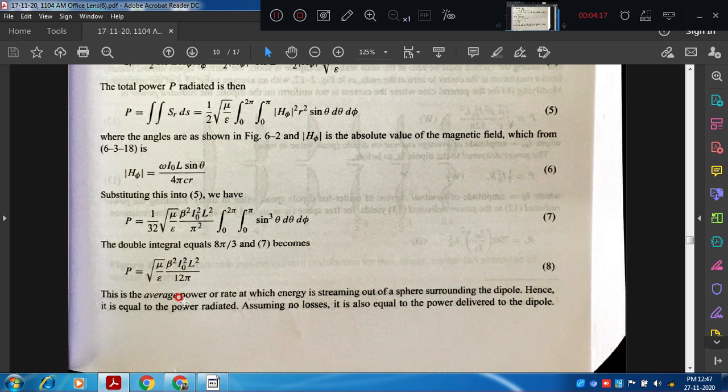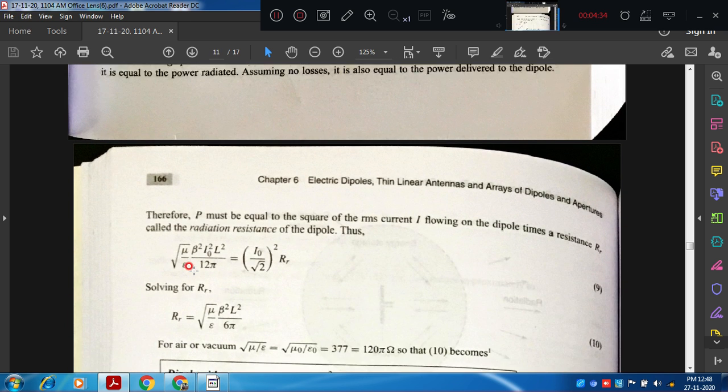This is the average power or rate at which energy is streaming out of a sphere surrounding the dipole. Hence it is equal to the power radiated. Assuming no loss, it is also equal to the power delivered to the dipole.